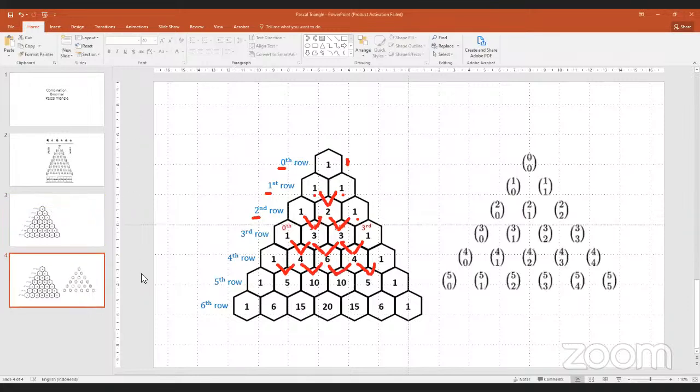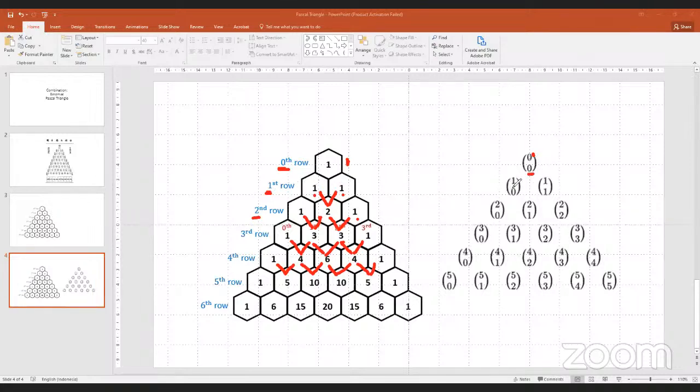Now this is actually the row, but this is the diagonal. So that is all choose 0. Here, that's row 0, that one choose 0.